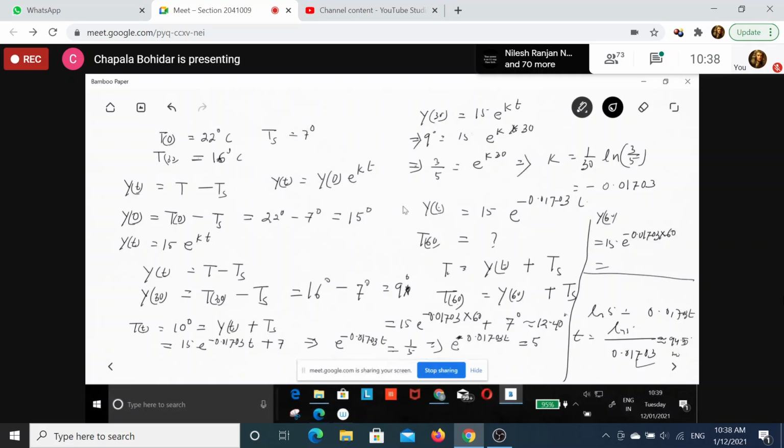A freshly brewed cup of coffee has temperature 95 degrees centigrade in a 20 degrees centigrade room.